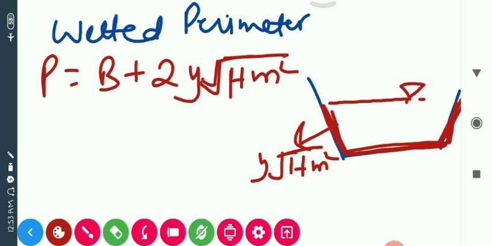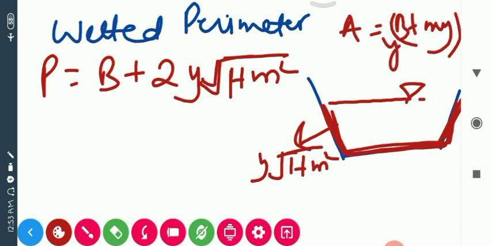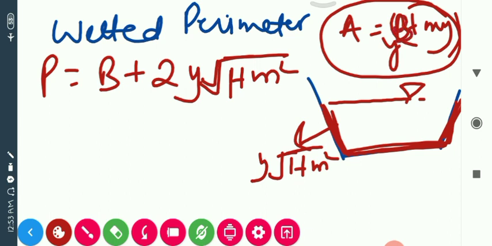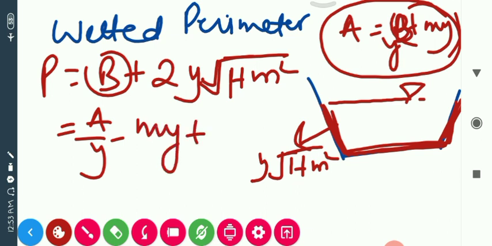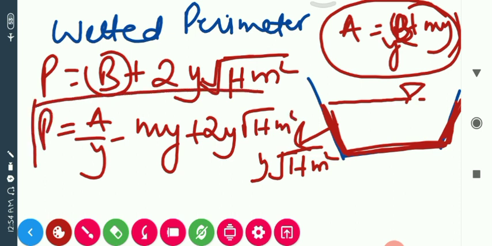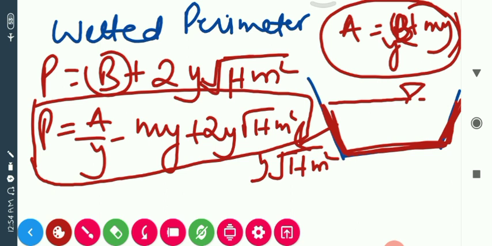This is the perimeter of the channel section. Okay, we had the wetted area equal to b plus my into y. So putting the derived value of b here, we get A by y minus my plus 2y under root 1 plus m square. This is the value of the wetted perimeter.